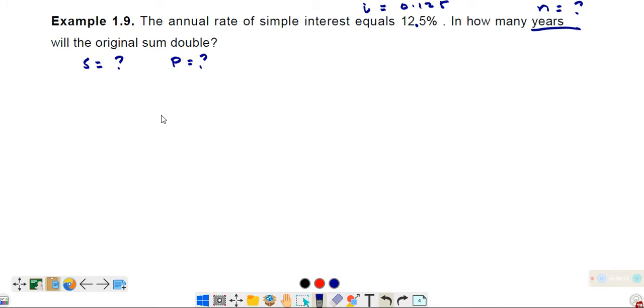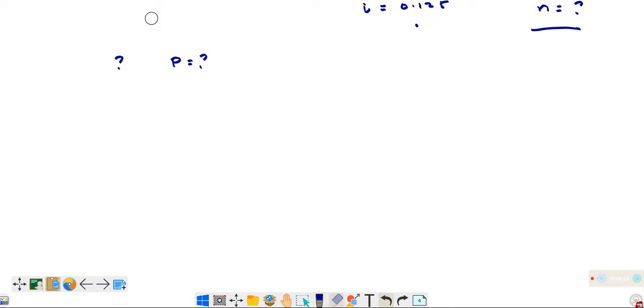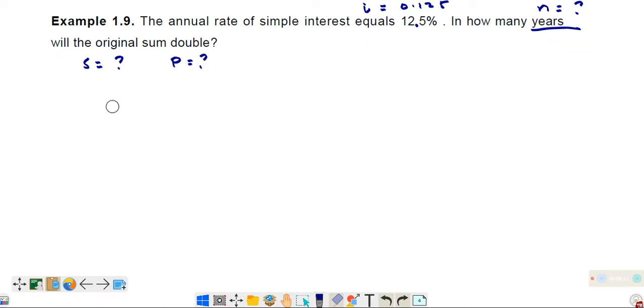And we don't need them in order for us to get the value of N. Hindi natin kailangan ng amount talaga dito for S and P. Okay lang kahit wala sila.